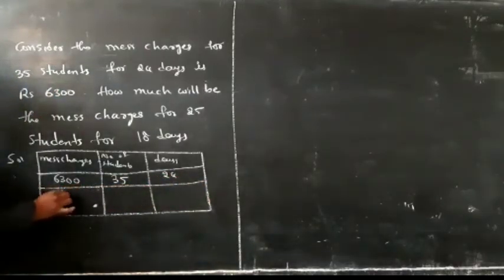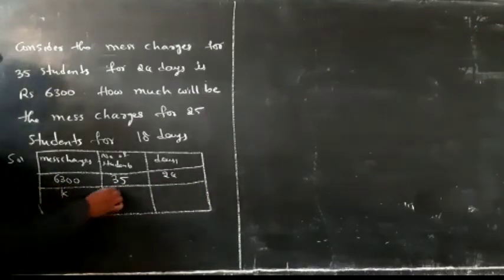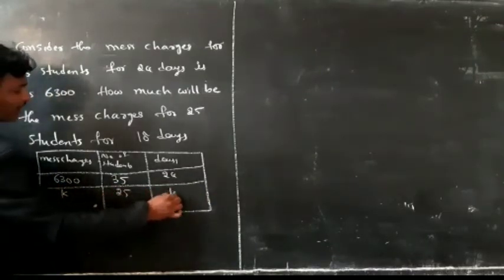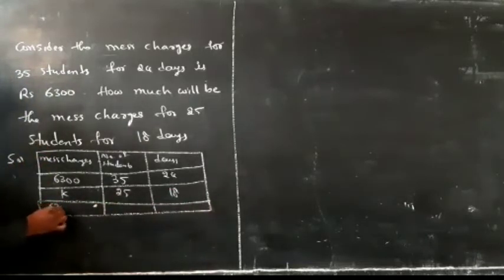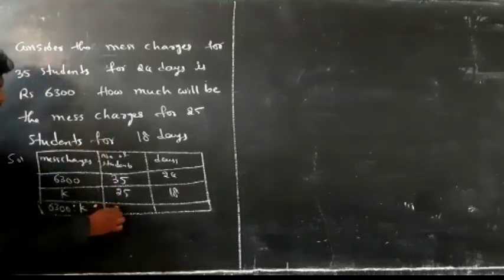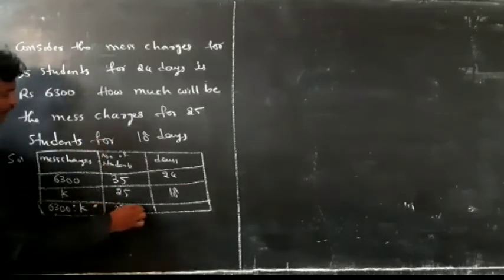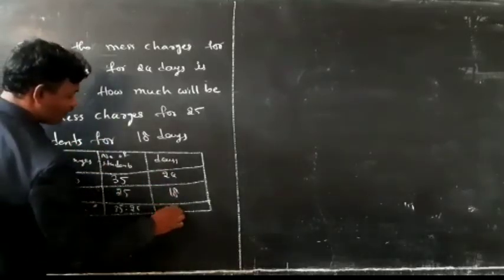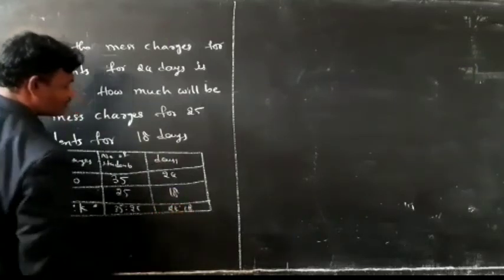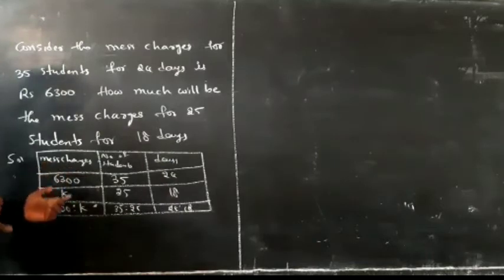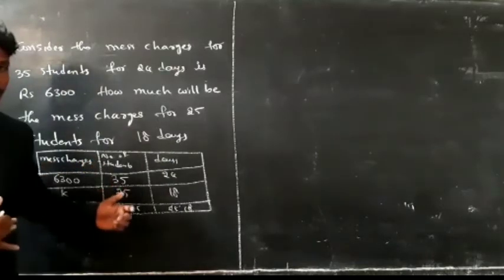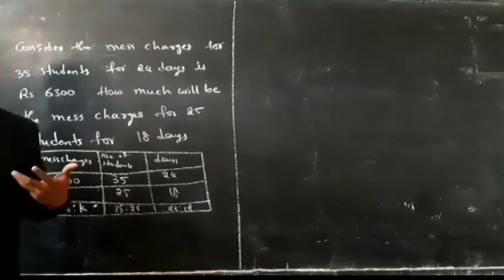In the second case, I don't know the mess charges for 25 students for 18 days. Here, what is the ratio of the mess charges? 6,300 is to k and 35 is to 25. Next, 24 is to 18. See here, what I need is the mess charges. So now mess charges depend on the number of students and also the number of days.